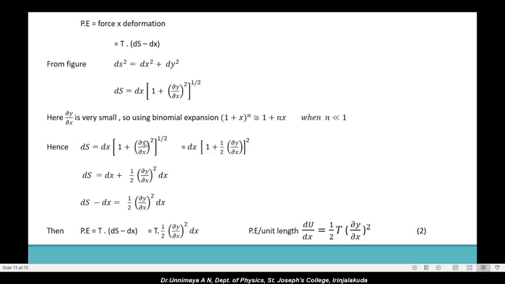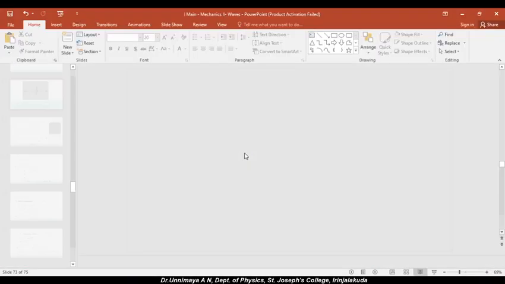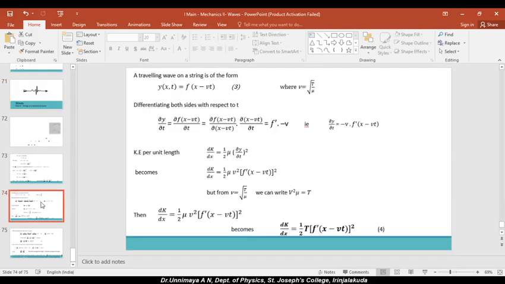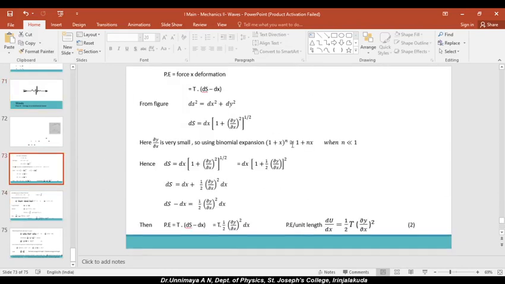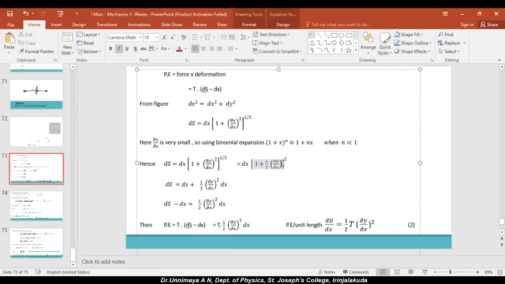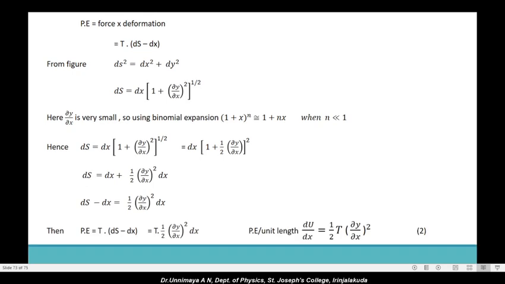So 1 plus dou y by dou x whole square raised to half will be equal to 1 plus half into dou y by dou x whole square. Here I think we have a mistake. The square has to be inside the bracket.